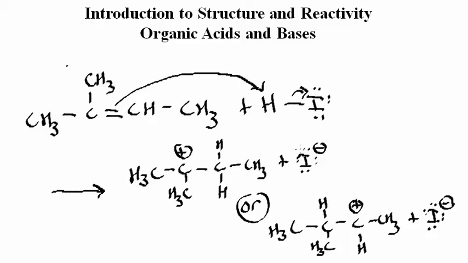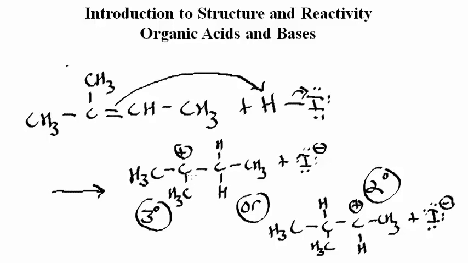Proton transfer to carbon 3 of this alkene gives a tertiary carbocation, whereas proton transfer to carbon 2 gives a secondary carbocation. So the first here is the tertiary, the second is the secondary. What you'll find later in subsequent organic chemistry classes, when you're talking about reactions with carbocations and stability of products, is that the more substituted carbocation is going to be the more favorable product.